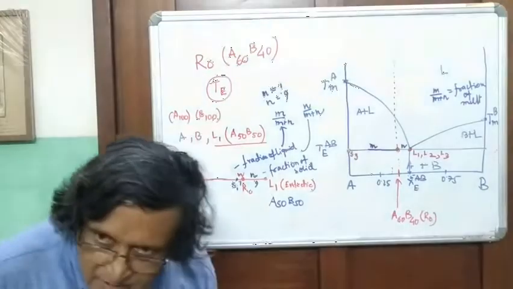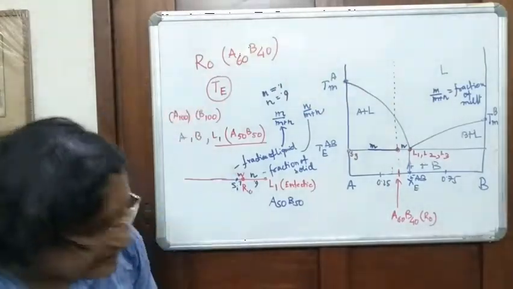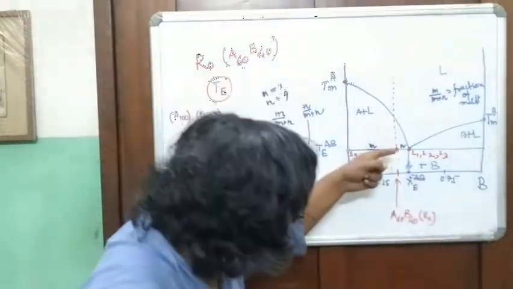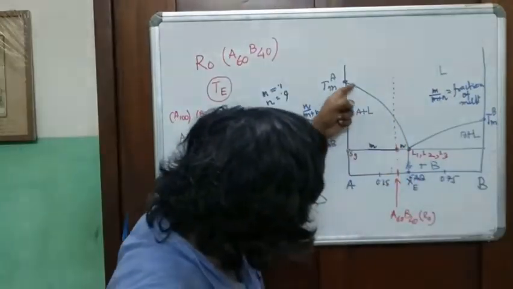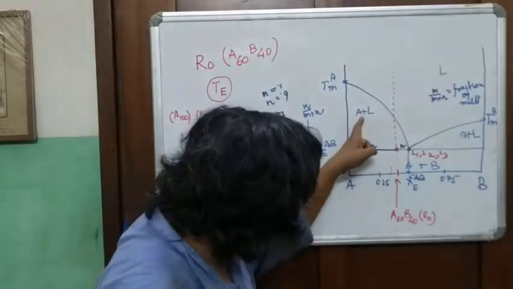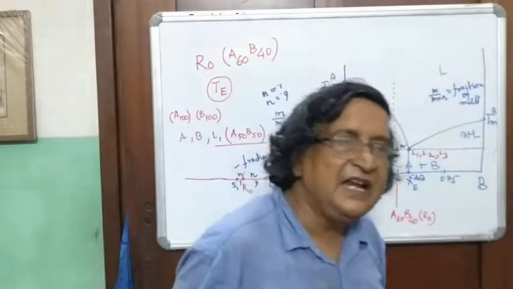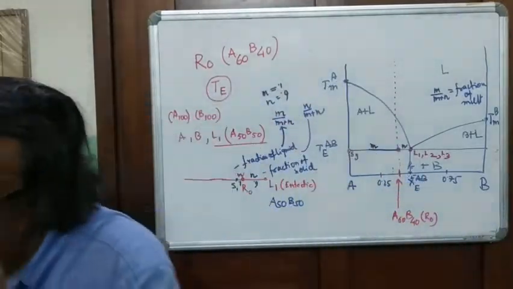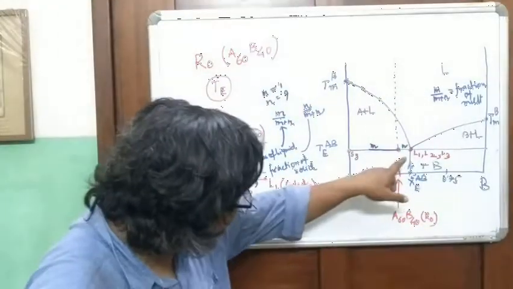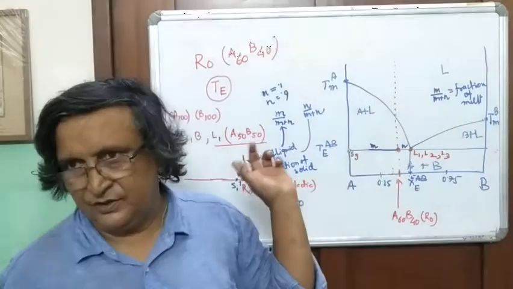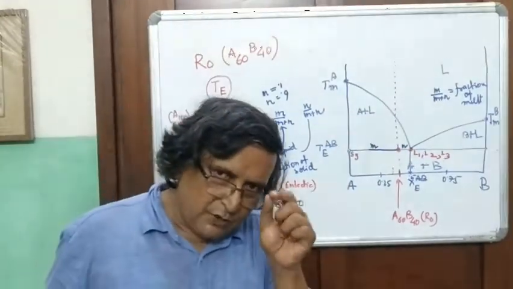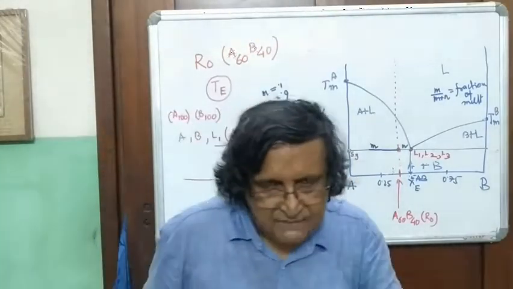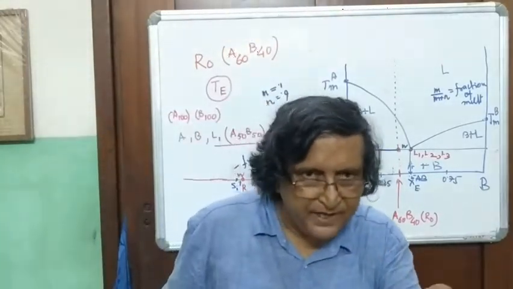So the melt now cannot remain at the eutectic. It has to go this way, because this is where A and liquid are in equilibrium. Only there the melt no more can stay at the eutectic. The melt will only stay at the eutectic when both A and B are in equilibrium with it.